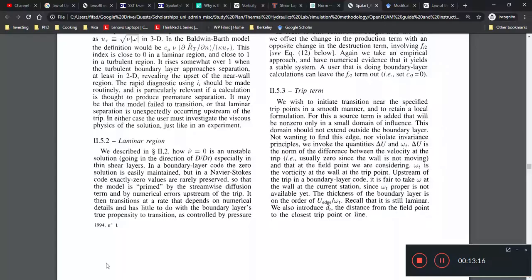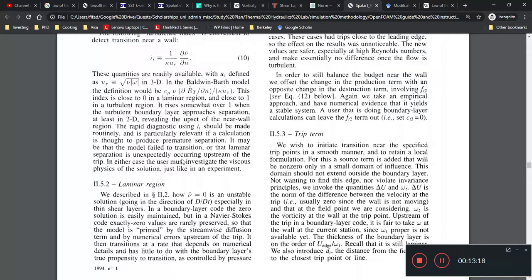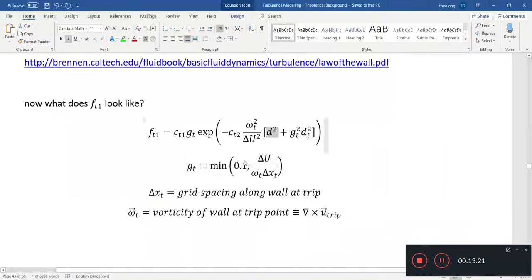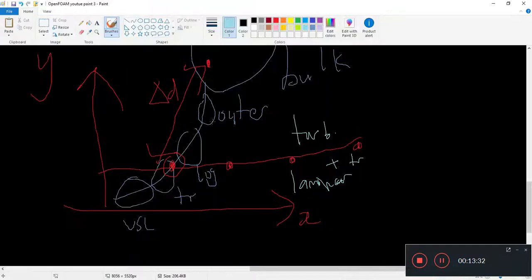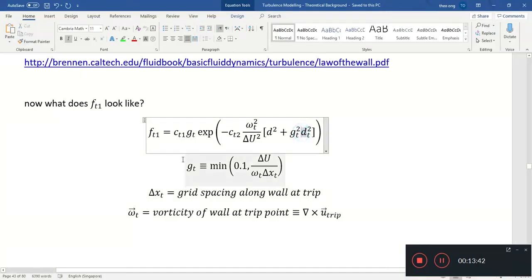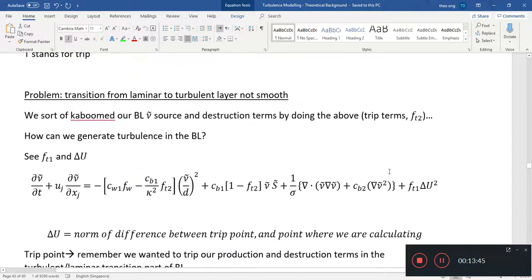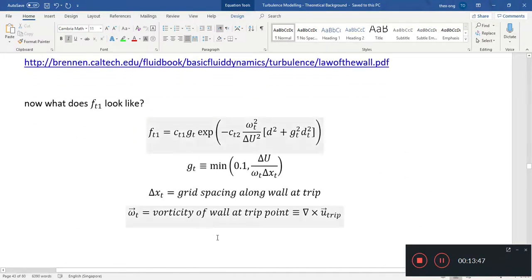Okay, so here's a fully turbulent region where you don't want to worry about all this numerical instability stuff. So d is the distance from the wall, dt is the distance to the closest trip point. So if you are here, the closest trip point will be, let's say here. You will find the closest trip point there. Okay, so that's what dt is. So this ft1 will go into here. All right.